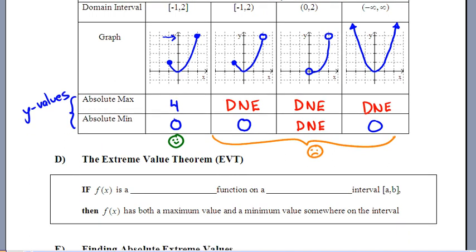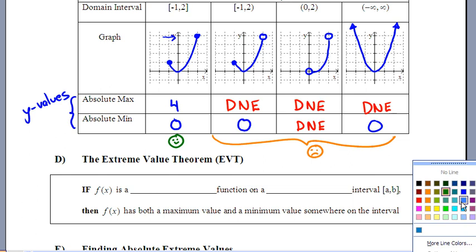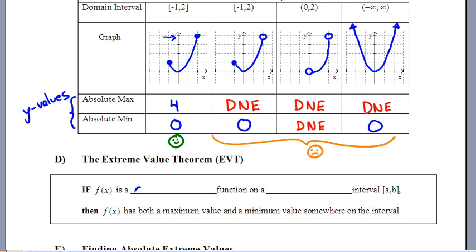It's one of our theorems for the course. And it says if f of x is a nice continuous function, all of our theorems are going to require that, on a, here's the important part, closed interval, like that first column from -1 to 2, including -1 to 2, right, has to have those hard edges there.